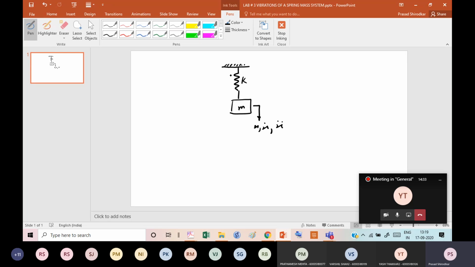So you have to find the natural frequency of this system theoretically and experimentally. So theoretically, natural frequency of the system is given as square root of k by m. So first thing you have to find out is the stiffness. All right, and you have to attach the mass to the spring mass system and then give it some oscillations.